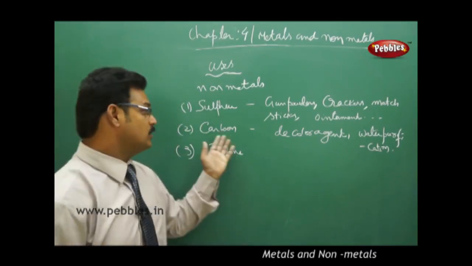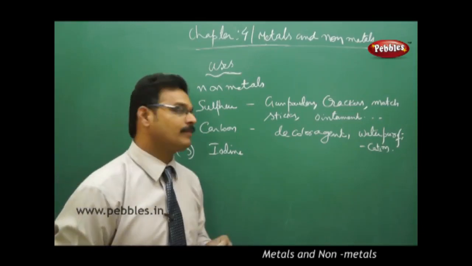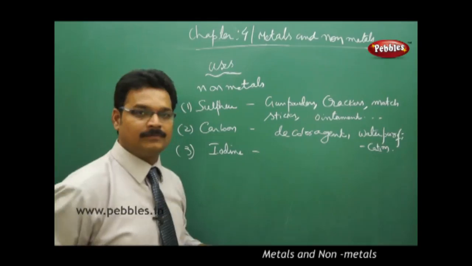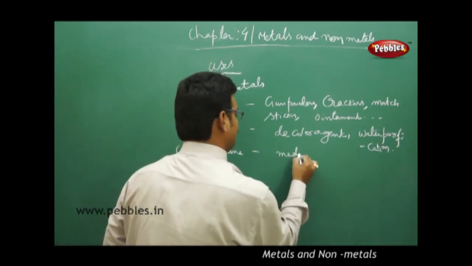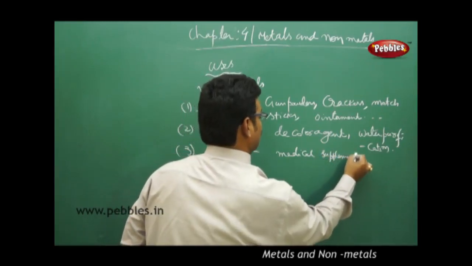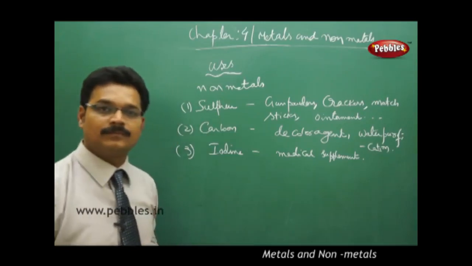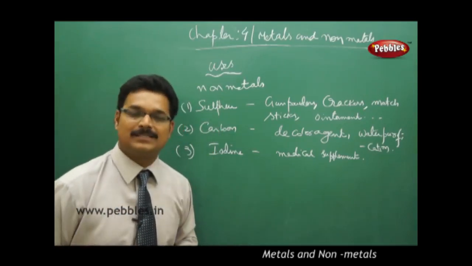In that refill, you have a carbon component to purify the water. Next, iodine. Many times iodine is used as a medical supplement. So these are some examples of non-metals.